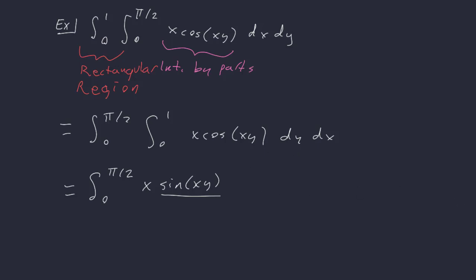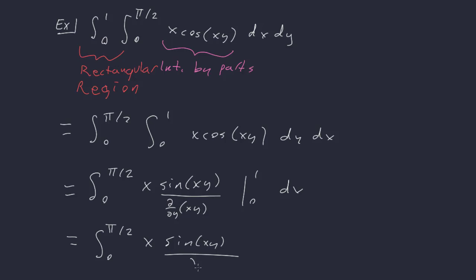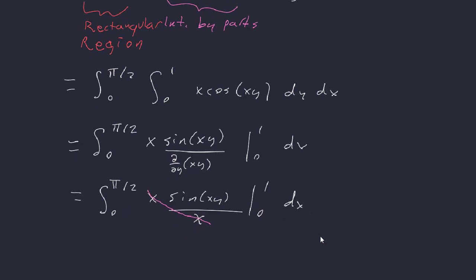So I'm going to write the partial derivative with respect to y of xy this time, just to keep things clear for myself. So I have x sine of xy all over the partial derivative of xy with respect to y, which is x. And there we go, the x's cancel. We're going to evaluate this from 0 to 1 and then take the integral with respect to x.